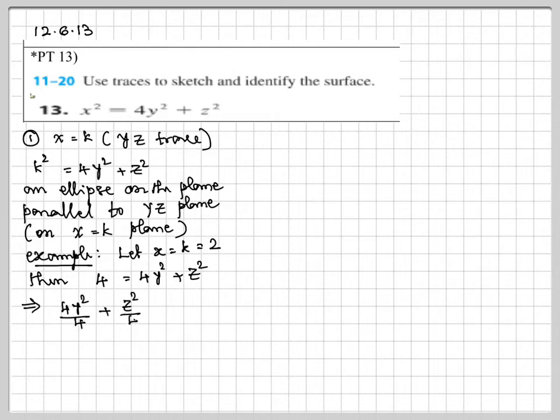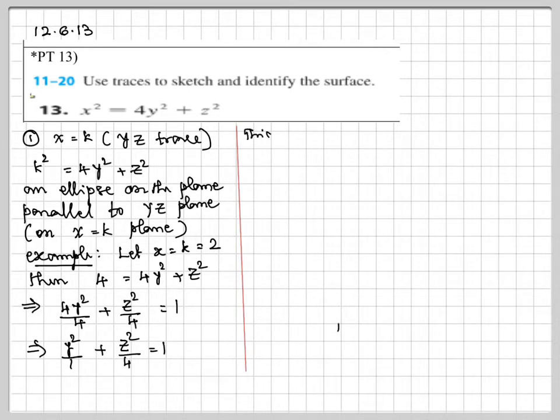If we divide everything by 4, we get y squared over 1 plus z squared over 4 equals 1, which is an ellipse in the yz plane, cutting the y axis at plus 1 and negative 1, and the z axis at plus 2 and negative 2.